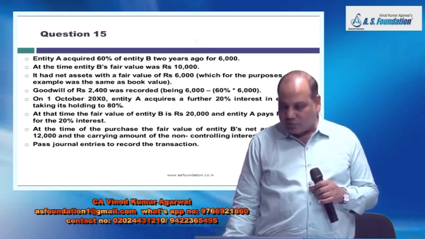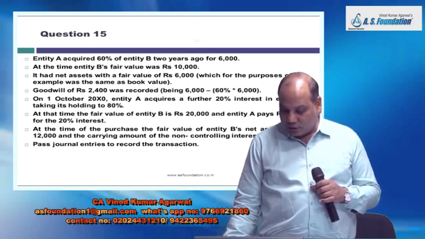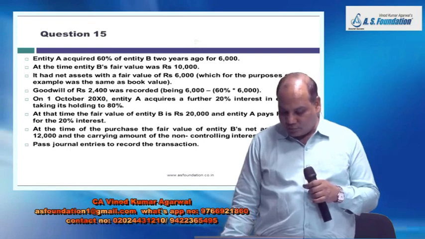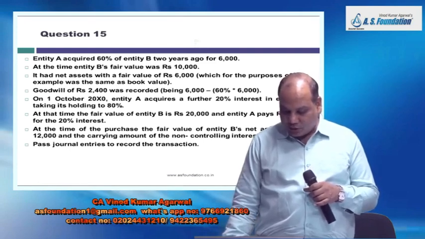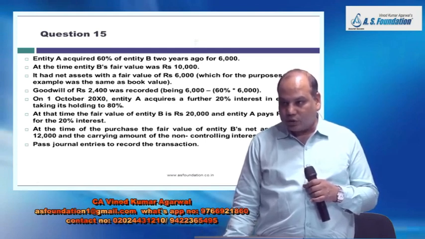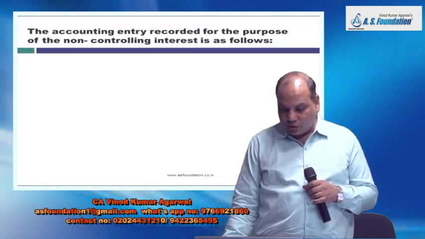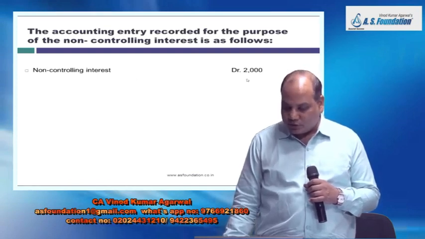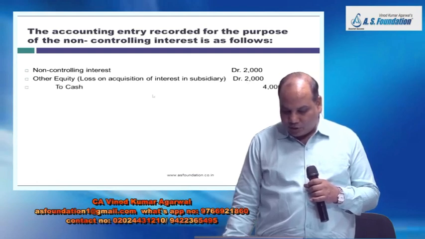NCI is holding 40% share on this date. 40% stake has a value of 4,000. So 20% stake will have how much value? Half of it? 2,000. So we are going to remove 2,000 NCI from consolidated financial statement. And how much did we pay for it? 4,000. To cash 4,000.